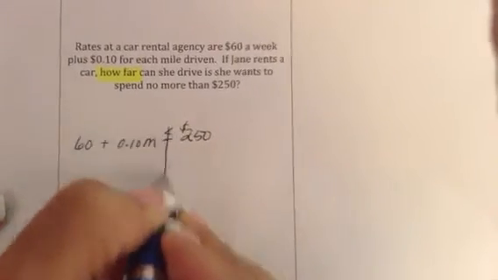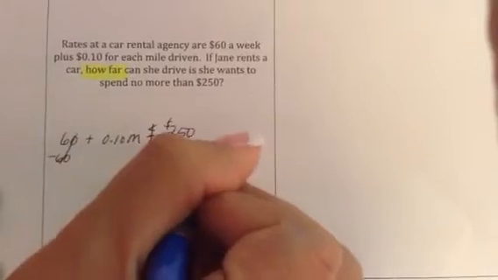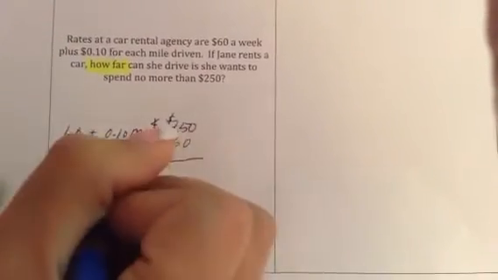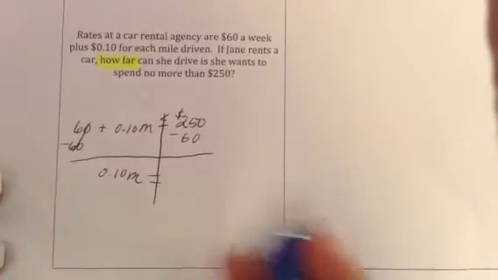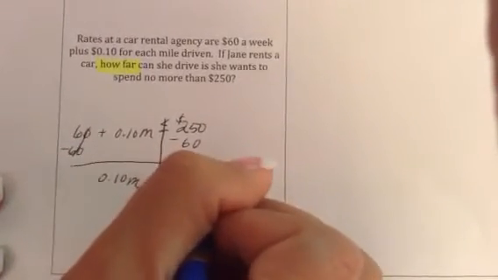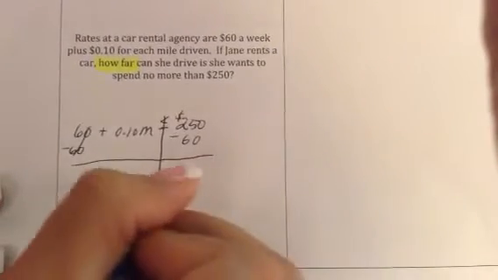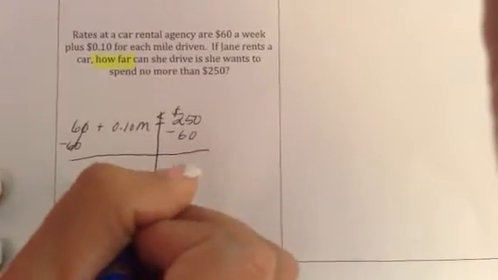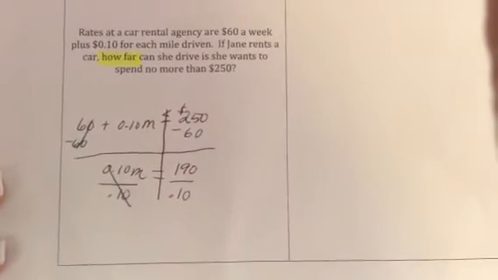So to solve for these miles, I'm going to subtract my constant. That's what we've been doing for the past several weeks. So 10 cents per mile, 250 minus 60 is $190. Now to isolate this variable, to get m by itself, we're going to divide both sides by 10 cents.